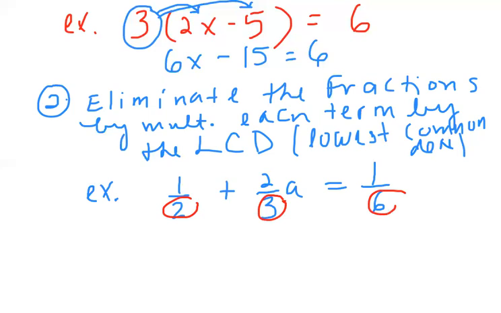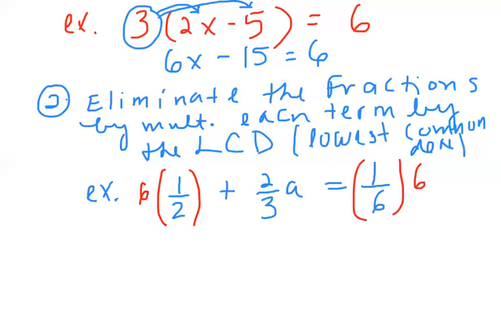That would be 6. So now I am going to get rid of the fractions by multiplying every term. This problem has 3 terms, 1, 2, 3 terms, okay? So now I'm going to eliminate each fraction by multiplying each term by 6.